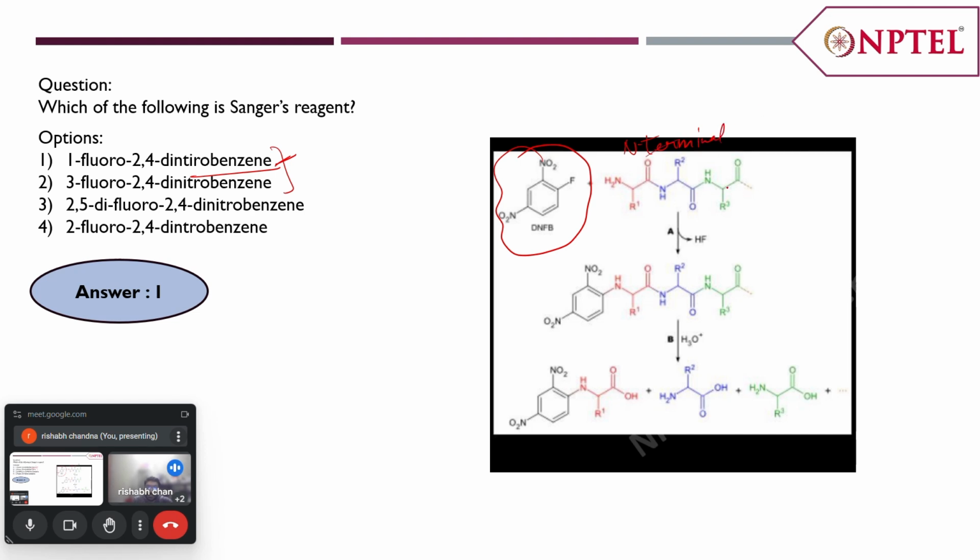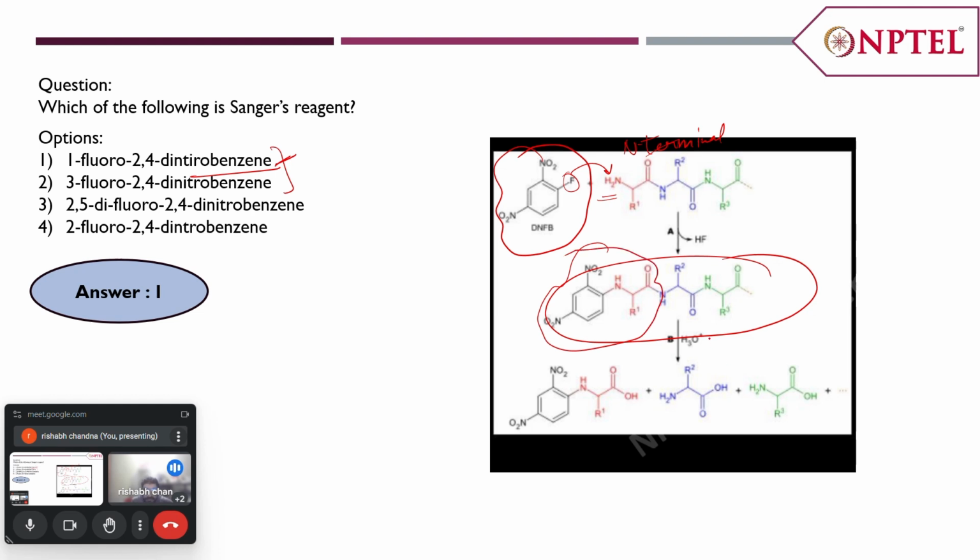So this is a protein with different amino acids labeled in different colors, and this is the free N terminal of the protein. Now the fluorine group interacts with the amino group of the protein and forms a complex that is attached to the N terminal of the protein.